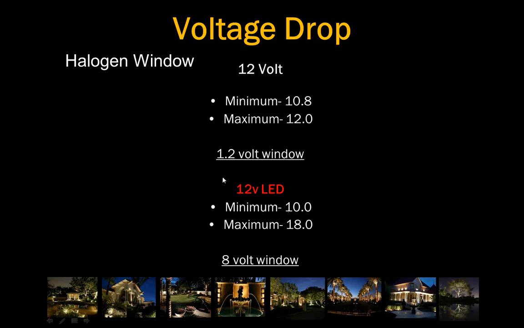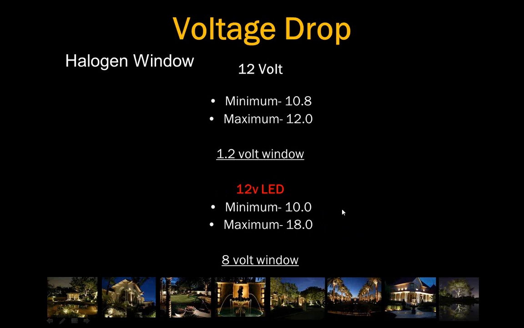Now, since LED has come out, and LED has come a very long way in a very short period of time, they've changed that volt window. As you can see now, and this varies from manufacturer to manufacturer, but on average, you're looking at a minimum of 10 all the way up to a maximum of 18 volts. Now, again, because of the NEC, this is still considered low voltage.